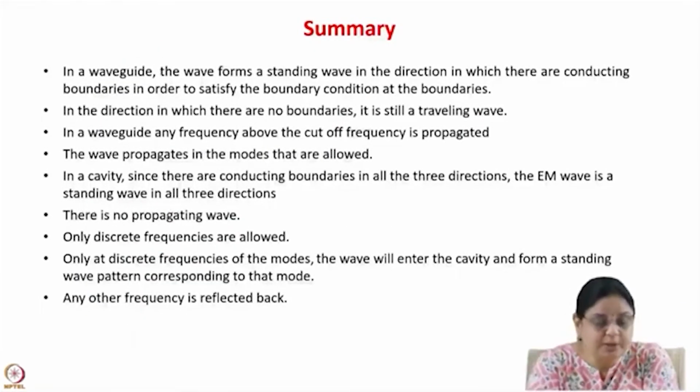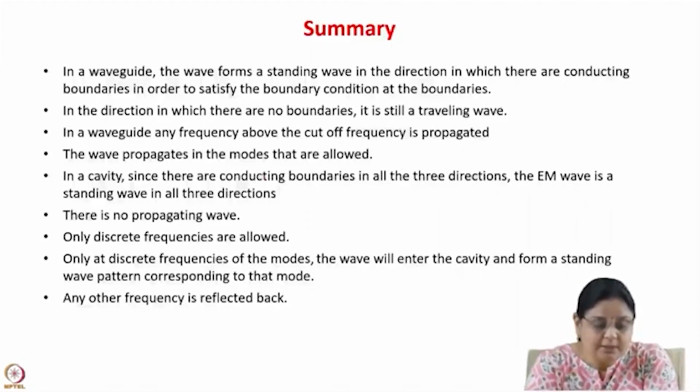To summarize, in a waveguide, the wave forms a standing wave in the direction in which there are conducting boundaries, in order to satisfy the boundary conditions at these boundaries. In the direction in which there are no boundaries, it is still going to be a traveling wave. So in a waveguide, any frequency above the cutoff frequency is propagated, and the wave propagates in the modes that are allowed.